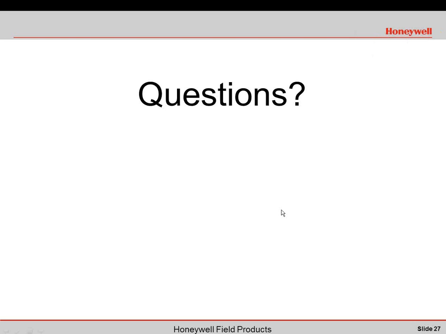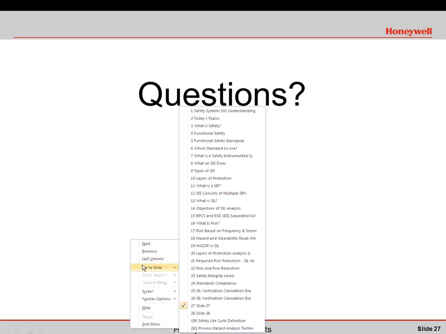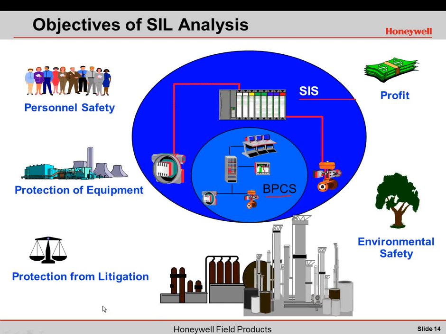As I showed back on one of my earlier slides, the basic reasons you put in a safety system are the objectives of a SIL analysis: personnel safety, protection of equipment, and so on. So if you're running a company, you need to protect your equipment as well as your employees. You have to do that in some manner, or eventually you're going to kill someone or destroy your plant. I guess that's the best answer I can give you.